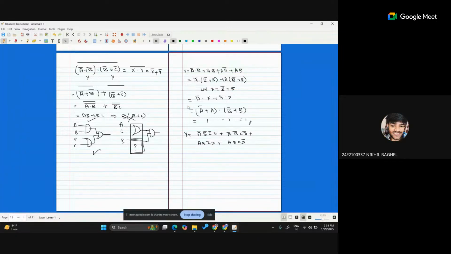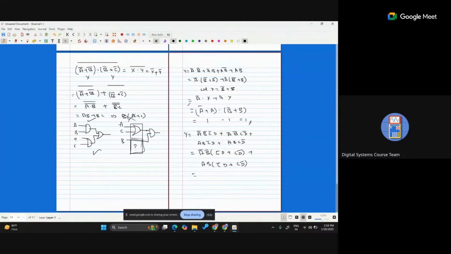Answer is C XOR D. Okay, let's try that. Is it right? Let's check it. So I can take A bar B common, so that it becomes C bar D or C D bar. Then the next set I can have AB common, CD plus CD bar.